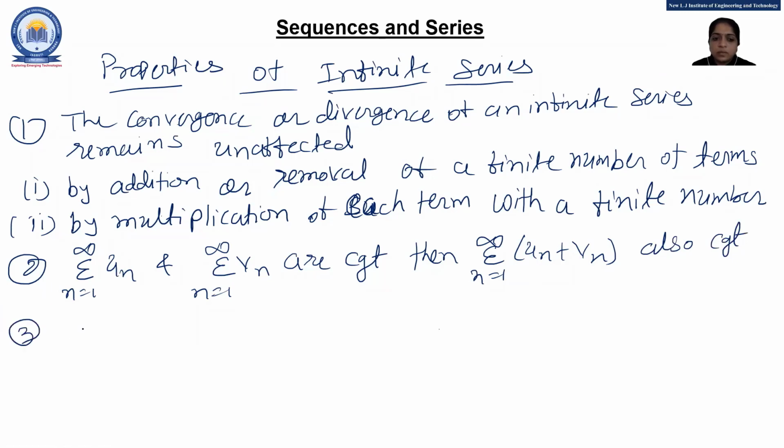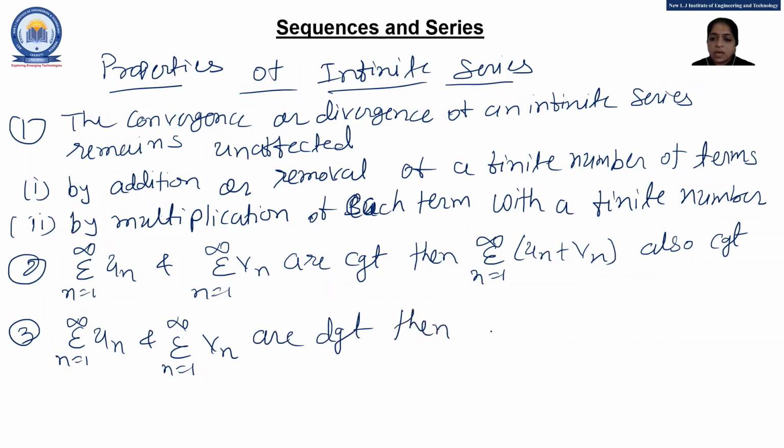But if summation un and summation vn are divergent, then summation un plus vn may be convergent.